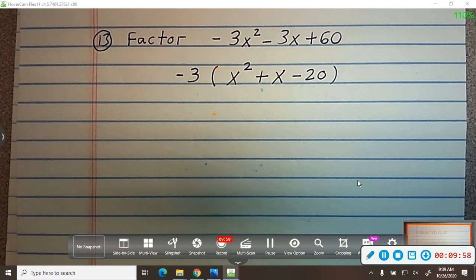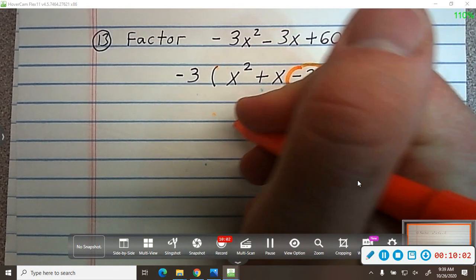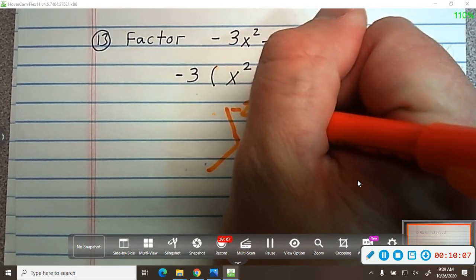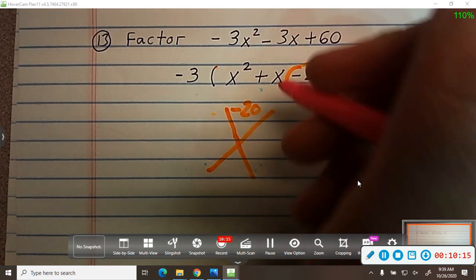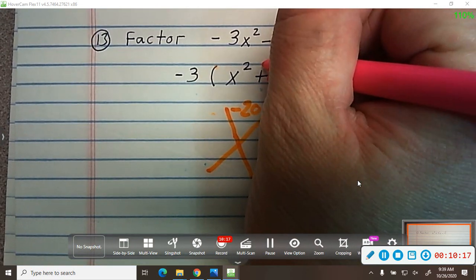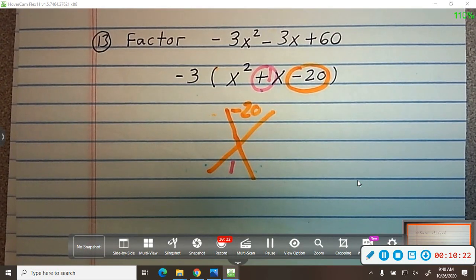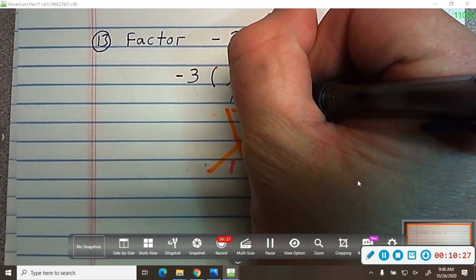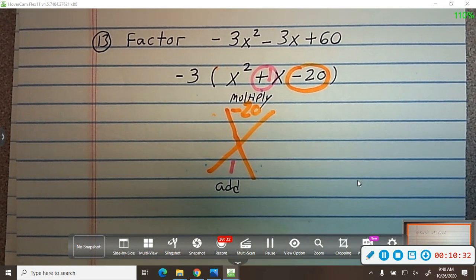From there, I'm looking for two numbers that multiply to negative 20, but add to 1. That's a 1x. So it needs to multiply, and I'll even put that here just so you remember, multiply to negative 20, but add to 1.